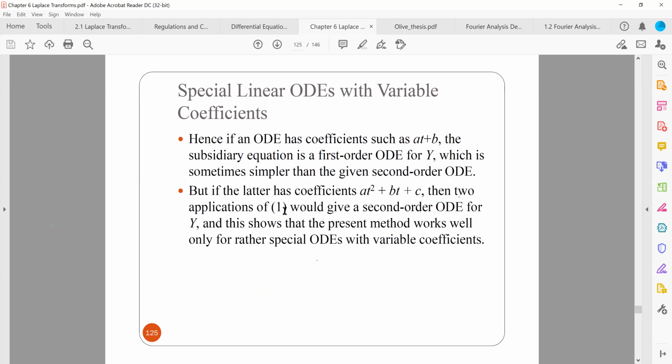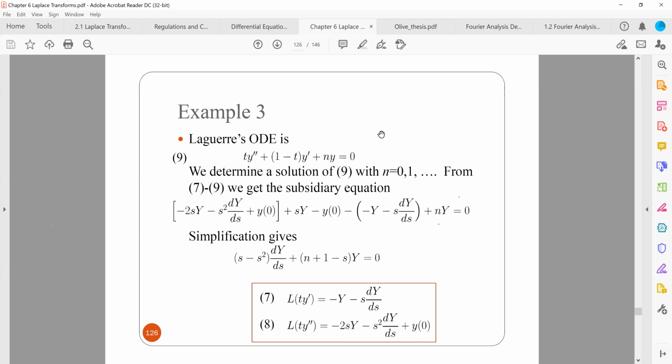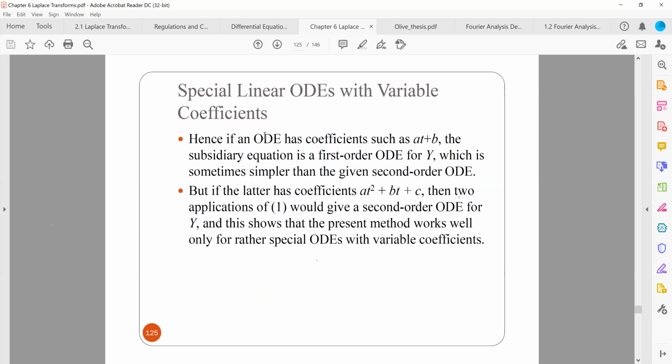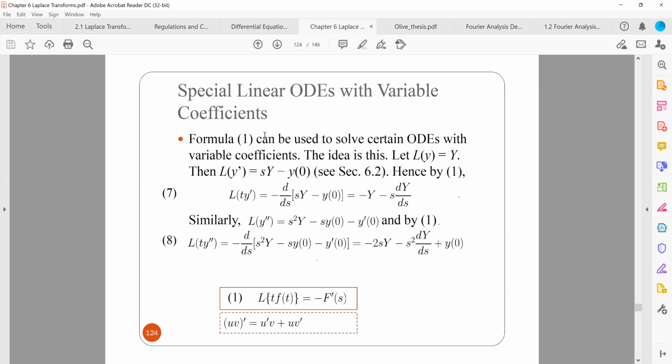What I wanted you to note is that for equations of this form, we can try to simplify them by applying this formula. It wasn't a theorem, and not an identity either, so I'll just call it this formula.